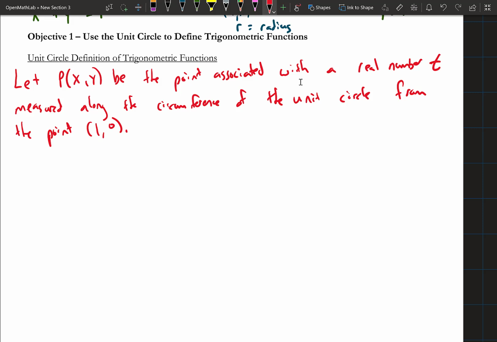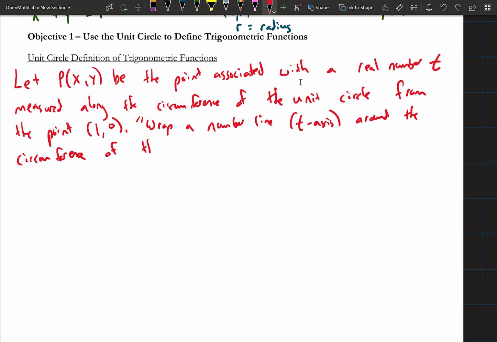So essentially what we're doing is we're wrapping a number line, basically the t-axis, around the circumference of the circle.